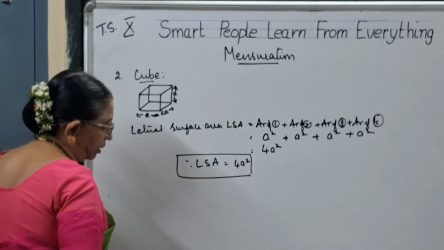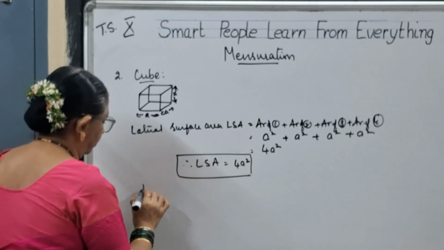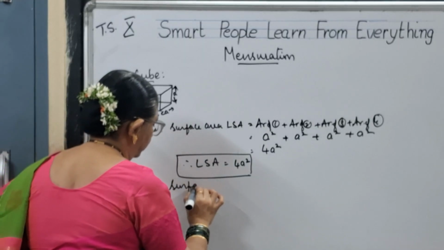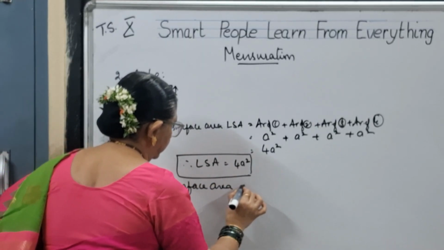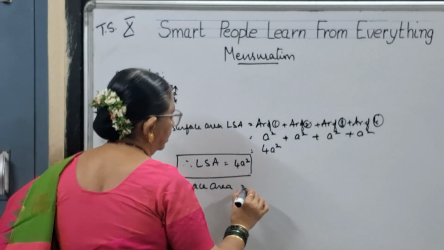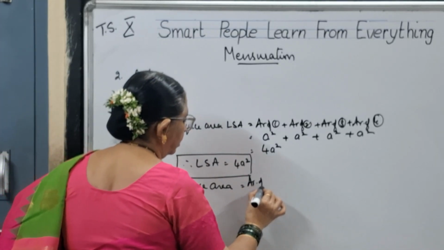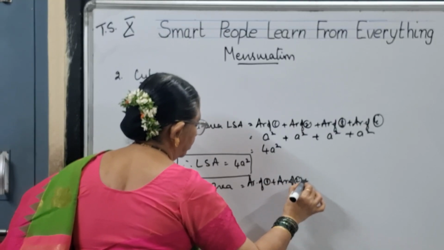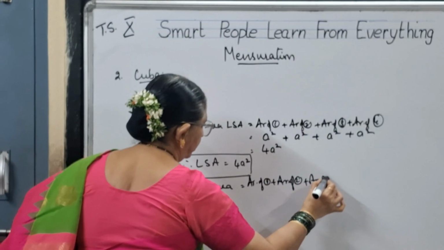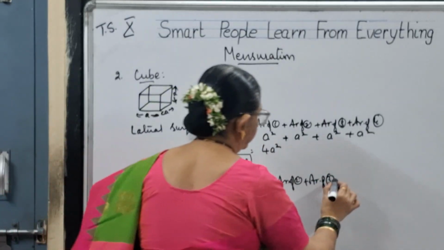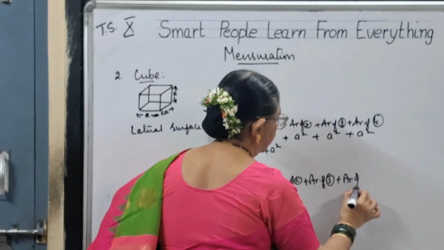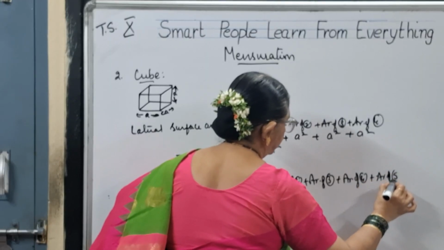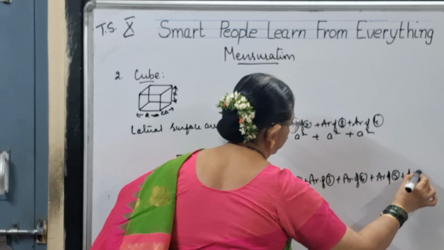And the total surface area. Total surface area is again the area of 1 plus area of 2 plus area of 3 plus area of 4 plus area of 5 plus area of 6.